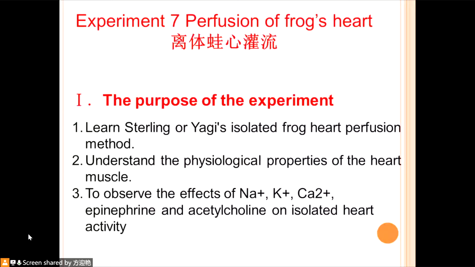This is a very classical physiological experiment, and I hope you know how to do it.